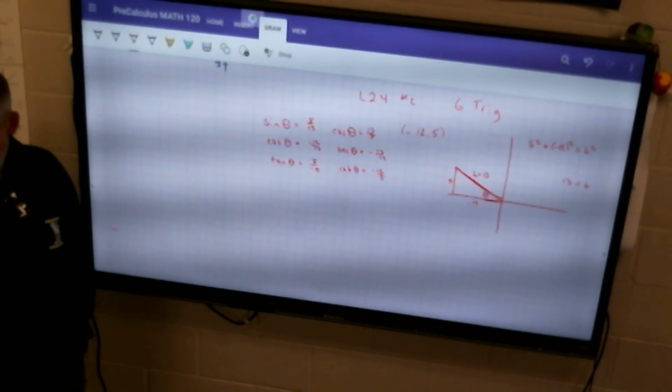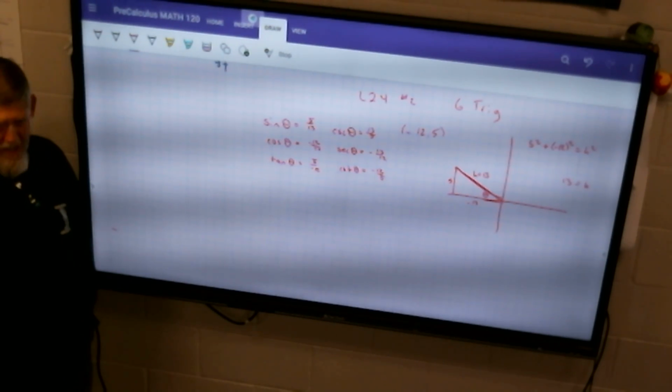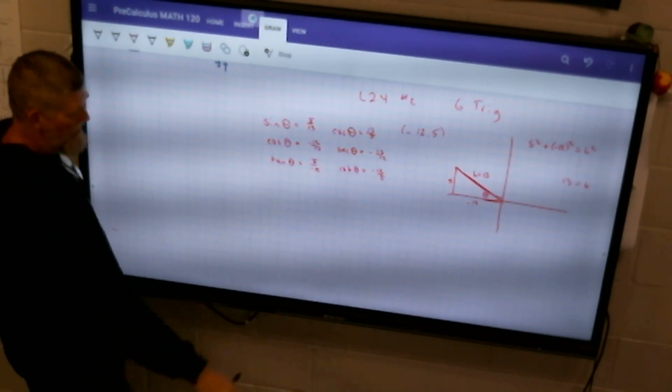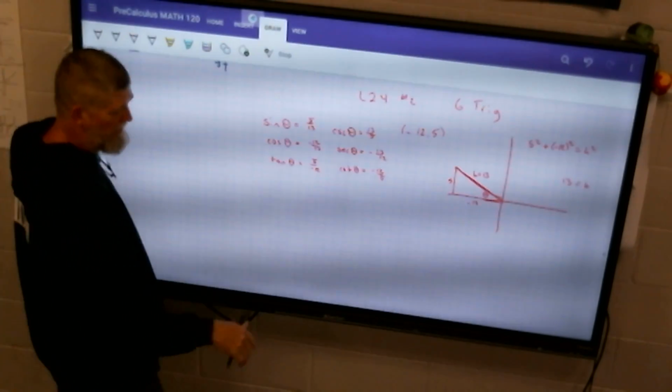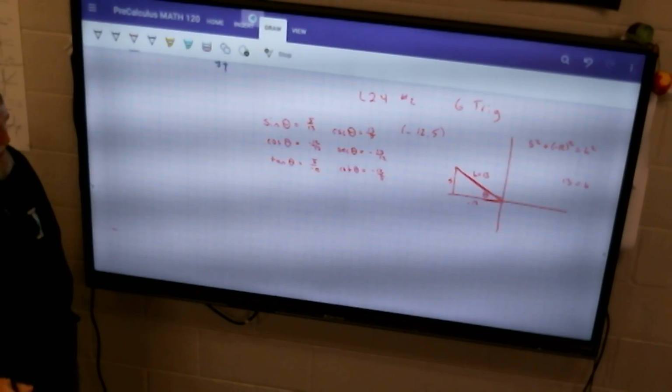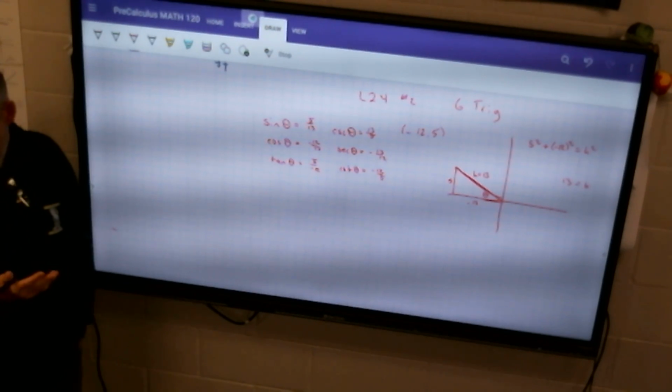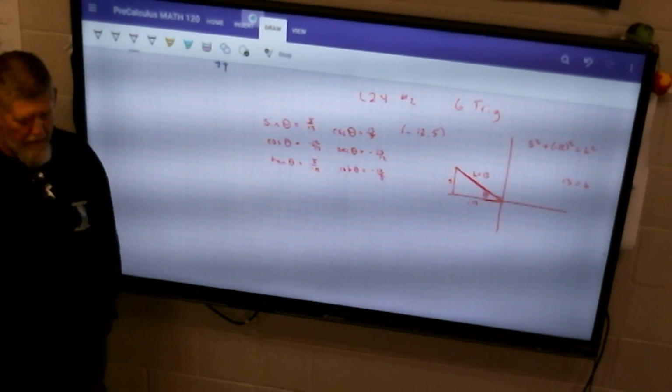Opposite over adjacent. Or if you go back to your identity, I think this is maybe where we started our conversation yesterday, Toby, when we talked about tangent equals sine over cosine. So tangent equals the sine over the cosine and 5 over negative 12. It's hard to go backwards from there because you still got to get the hypotenuse, but that's one way to.